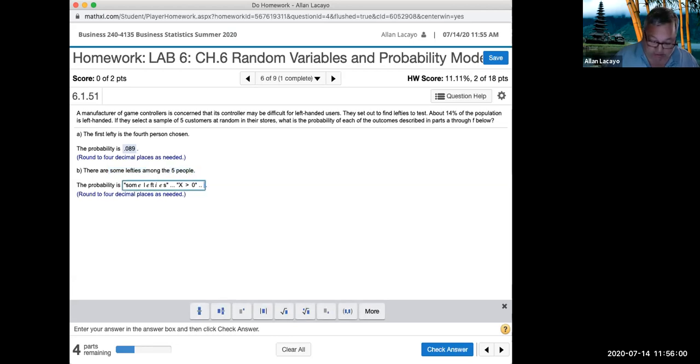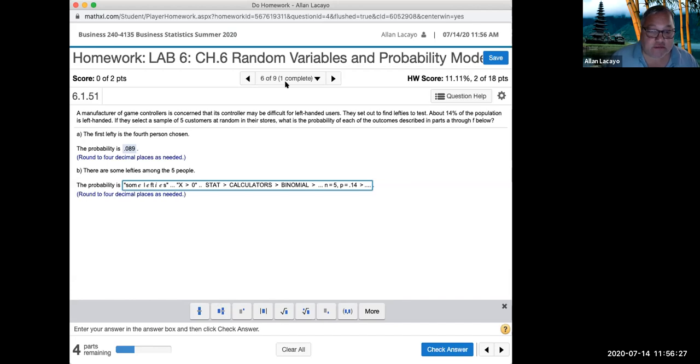Another thing that I need to remember is that I'm going to be using the calculator called binomial. And when I open the binomial calculator, I'll be able to set n, and I'll be able to set p, these two parameters, before I do the calculation of x greater than 0.